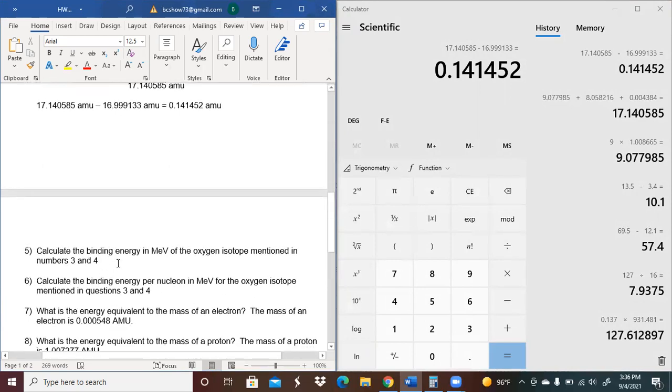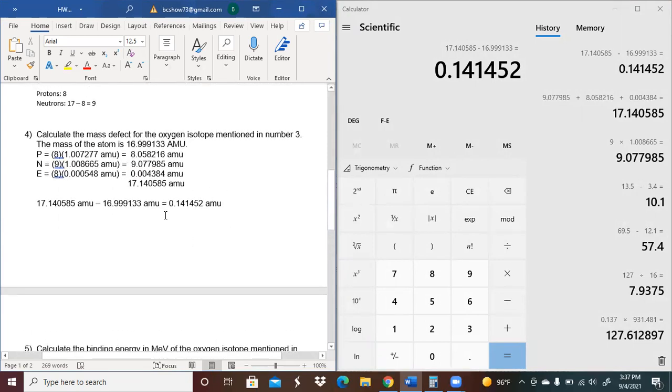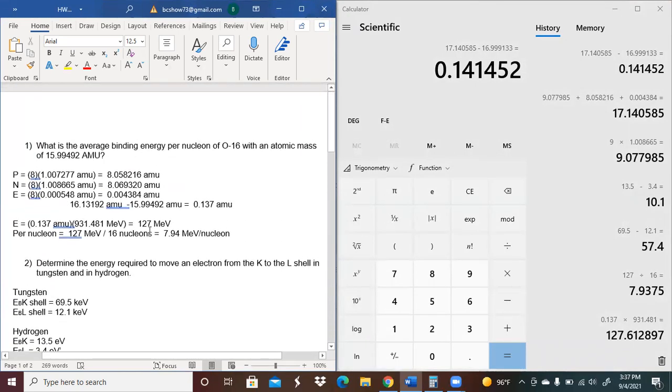All right, so now we're going to look at calculating the binding energy that's mentioned there. So if we take this mass defect, and it's the same type of thing as what we computed up here in this problem.